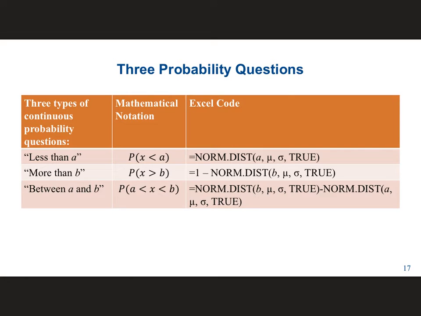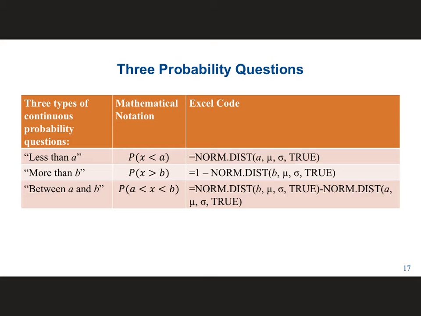So here are those Excel codes for each of those types of problems. So if I have less than A and I am looking for the probability that X is less than A, I'm going to do equals norm.dist, my A value, the mean, the standard deviation, and true. If I'm looking for more than a value, so here I have the probability X is greater than B, then I will have 1 minus norm.dist, your B value, your mean, your standard deviation, and true.